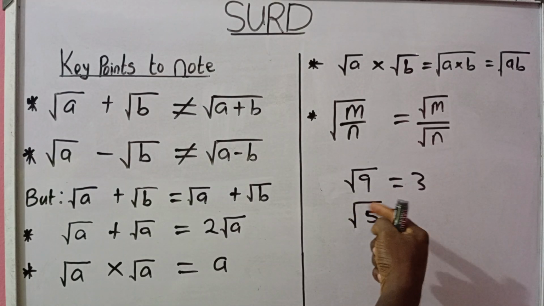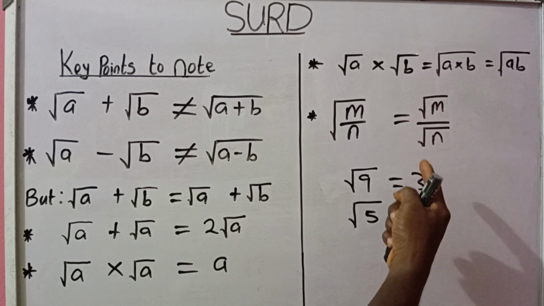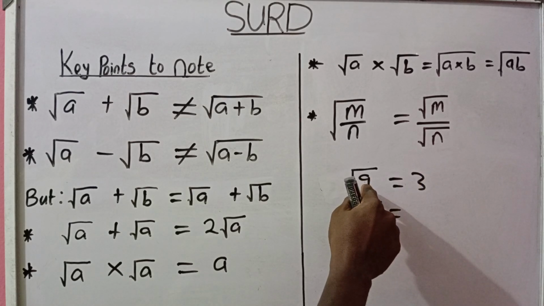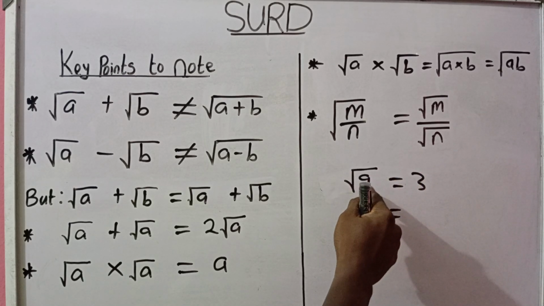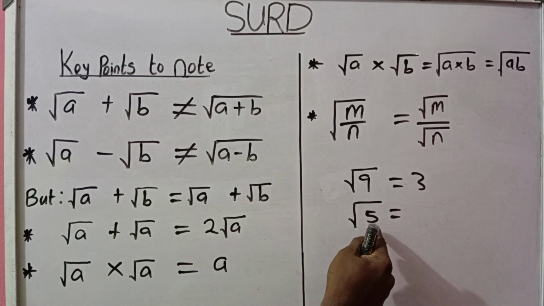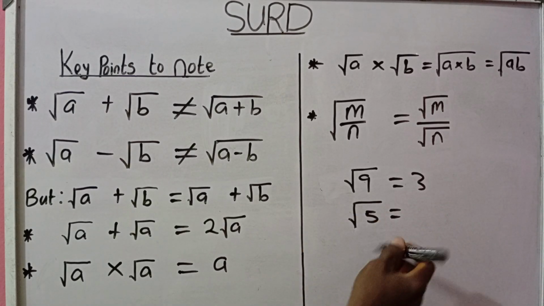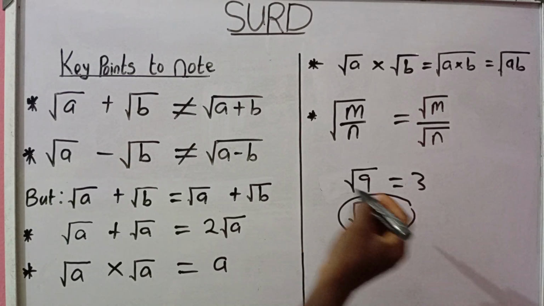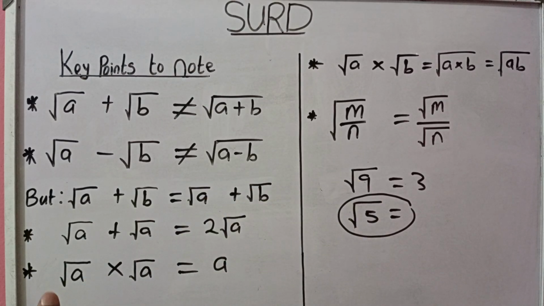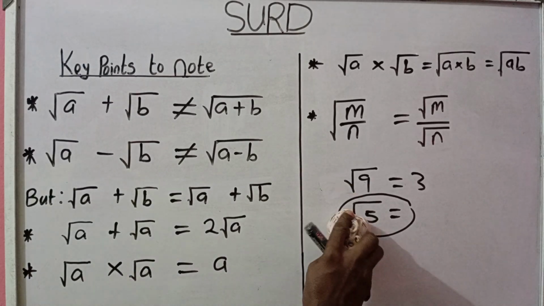But we can say that 3 multiplied by 3 will give us 9, so we can now say the root of 9 is 3. But the root of 5 cannot be determined. So therefore, this can be referred to as a surd. All right, so you can see the difference between rational and irrational numbers, and I classify all the irrational numbers, most especially those that have to do with roots, as surd. We call them surd.